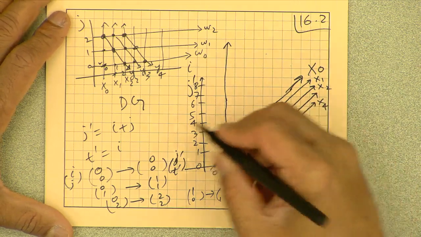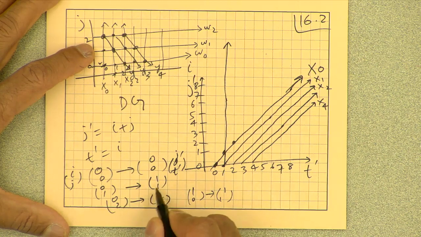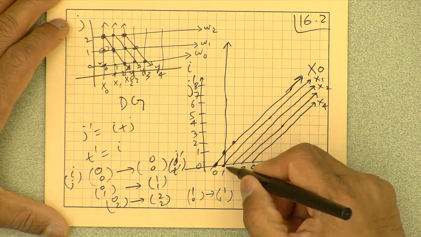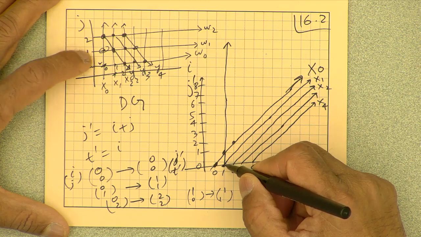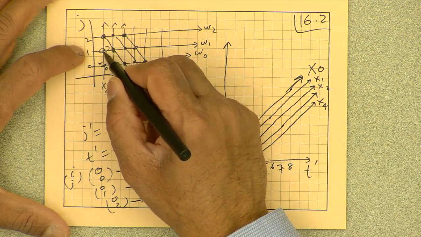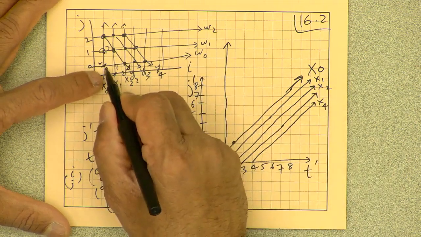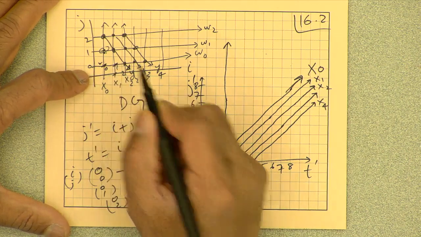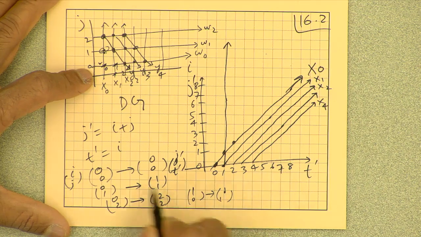Okay, so next weight W1. Again I take a couple of points. 0, 1 is 1, 1. Okay, so this point 0, 1 is... something does not seem right. So W1, this point is not 0, 1. Let's see what mistake I made. 0, 0 goes to 0, 0, 1, 0 goes to i plus j is 1, and t prime is i.